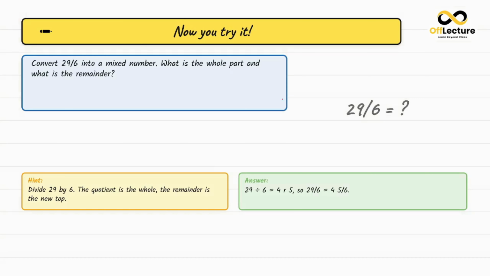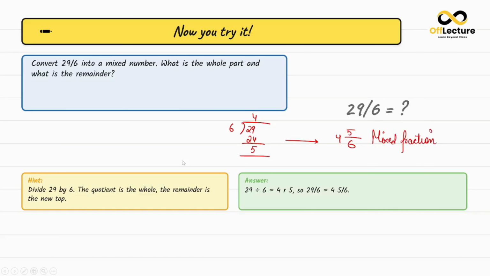So if we see the answer, we will divide 29 by 6. 6 times 4 is 24, so we will get 5 as my remainder. So my final output will be 4 as the whole, 5 as my new numerator over 6, which is my denominator. And this will be my answer for the mixed fraction.